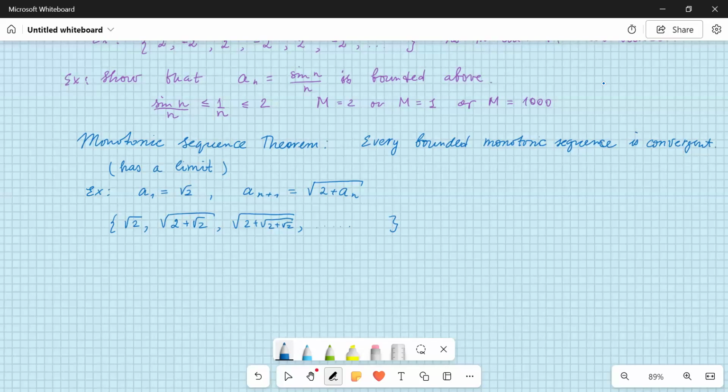We will try to use this monotonic sequence theorem. To use the theorem, we will need to prove two things. First, that the sequence is monotonic. Monotonic means either increasing or decreasing. Do you need to prove both? No, a sequence cannot increase and decrease at the same time, or it's not going to be monotonic, right?